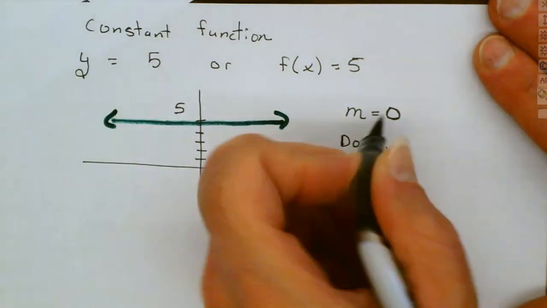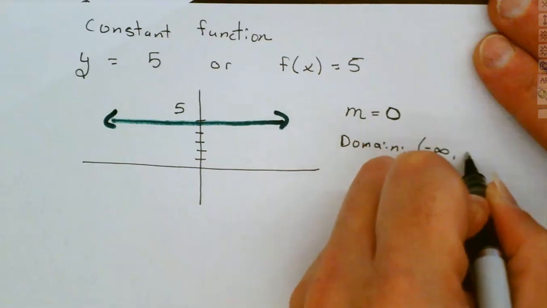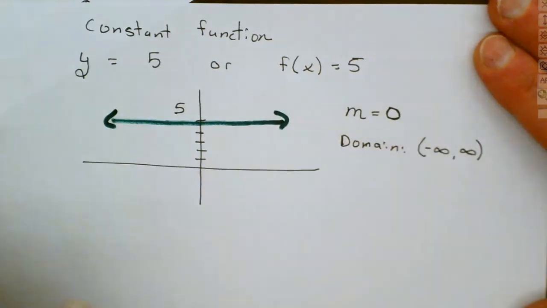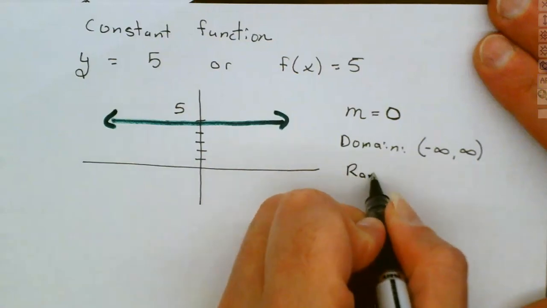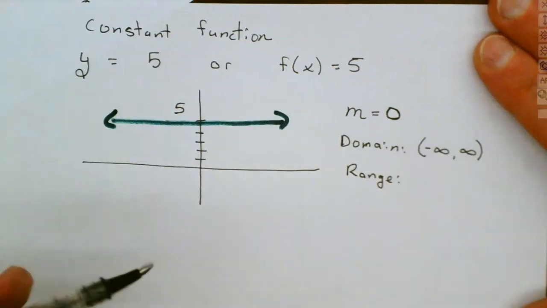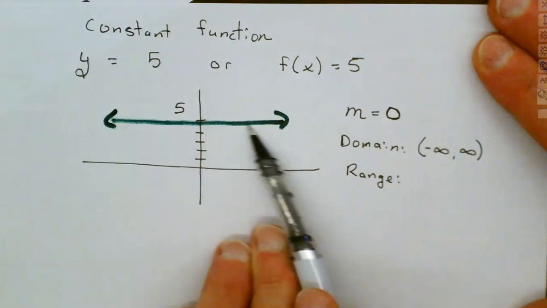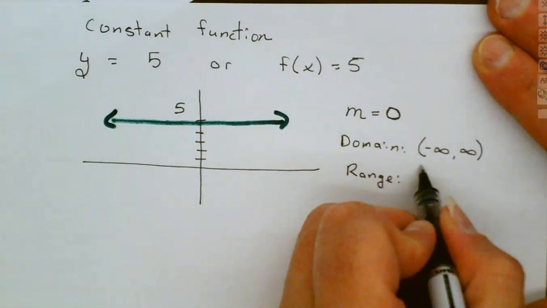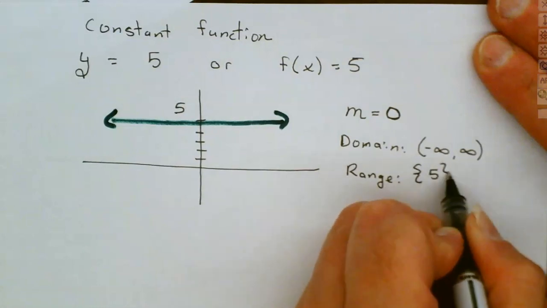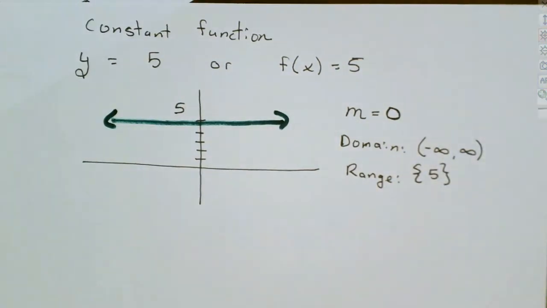Okay. Yep, negative to positive infinity for the domain. That's your left and right component. But what about your range, the up and down part? Okay, the up and down part is here, but what number is it stuck at? 5. So your range would be the number 5, right? Because it's stuck at 5.